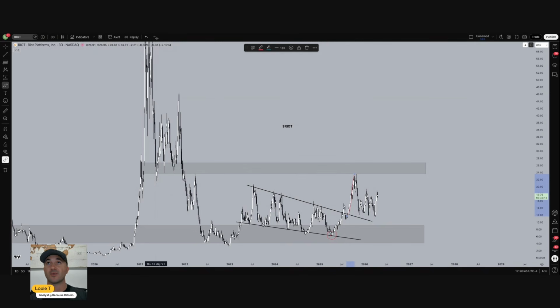of your wedge, right? So not everyone's going to be able to catch the low of a wedge, right? If you're tracking it and you like buying things low and you like buying things at demand, you could take a shot here. Or you wait for the breakout, right? So you're watching this wedge, you set a price alert at or near this high or on this trend line here.